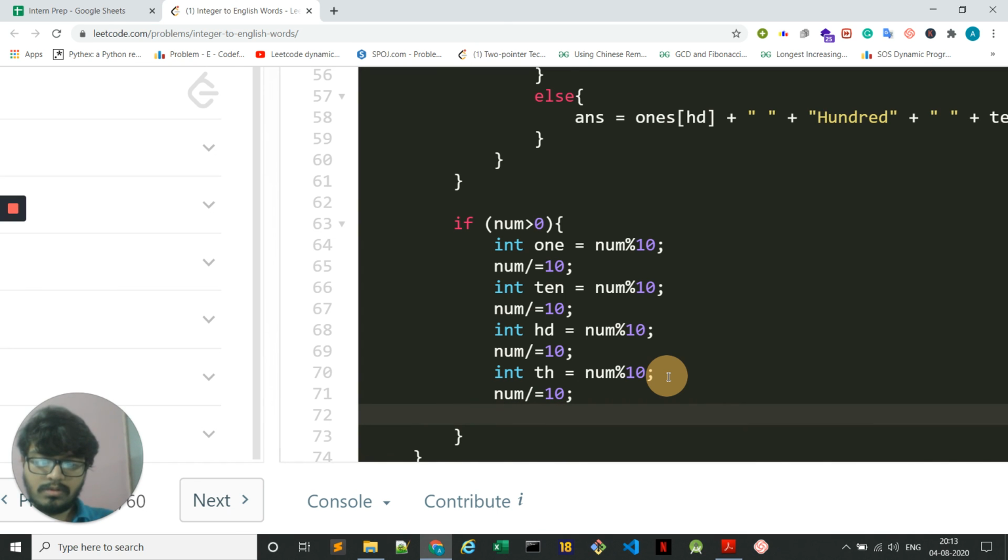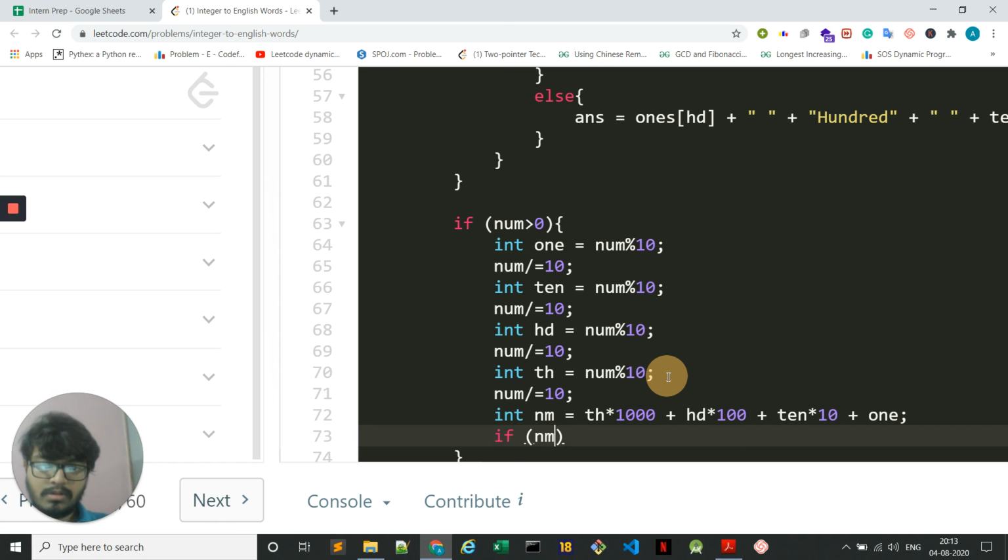Now let us create the number nm, which is nothing but th into 1000 plus hd into 100 plus 10 into 10 plus 1.